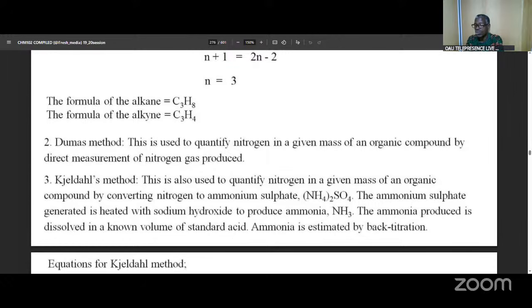We have just finished dealing with combustion. Somebody asks why we are subtracting for oxygen. I will attend to that when we come for the tutorial.